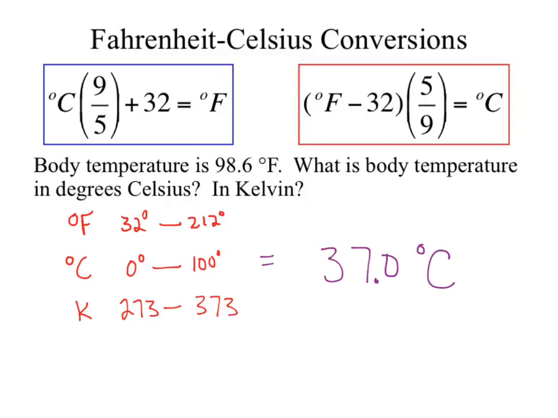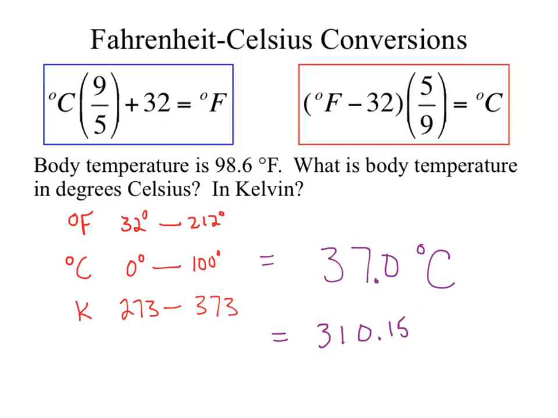Okay. Kelvin. What do we have to do to get our Kelvin? Add the 273 to our 37, and we get 310. Okay, this is where we can run into an interesting dilemma.